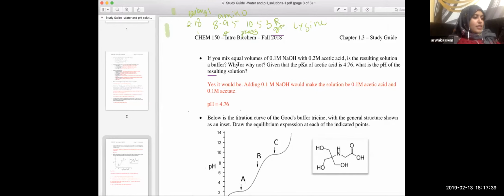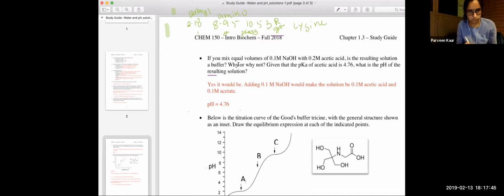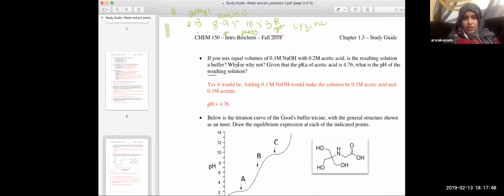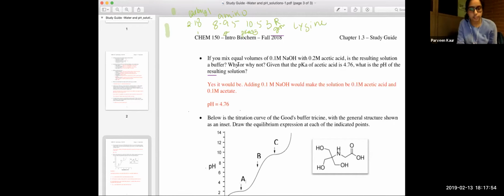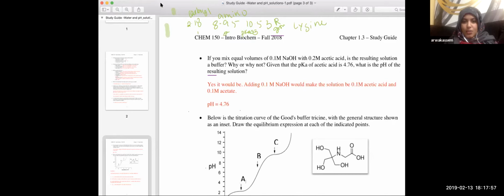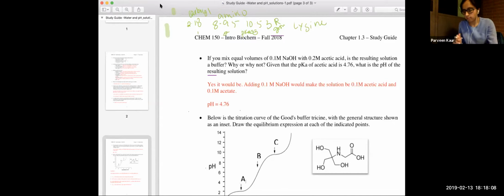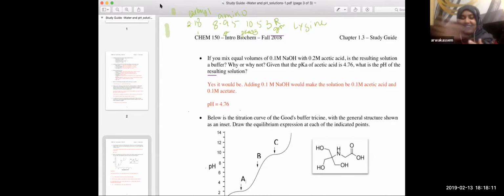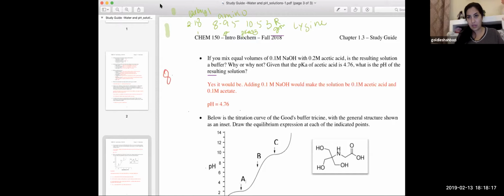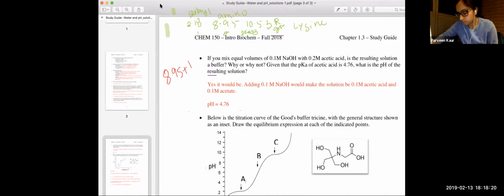Since lysine is a base, I'm just going to take the two base values divided by 2. So what would be the answer? You said 8.95 plus 10.53 divided by 2. Yep. And what would you get for an answer? Hold on, let me calculate it. Did you say 8.95 plus 10.53? Yes. So the answer is 14.1.